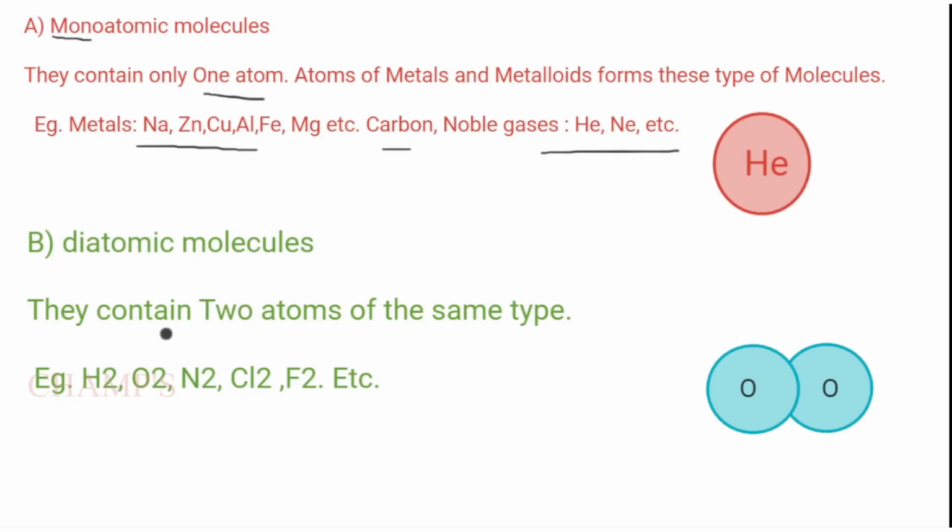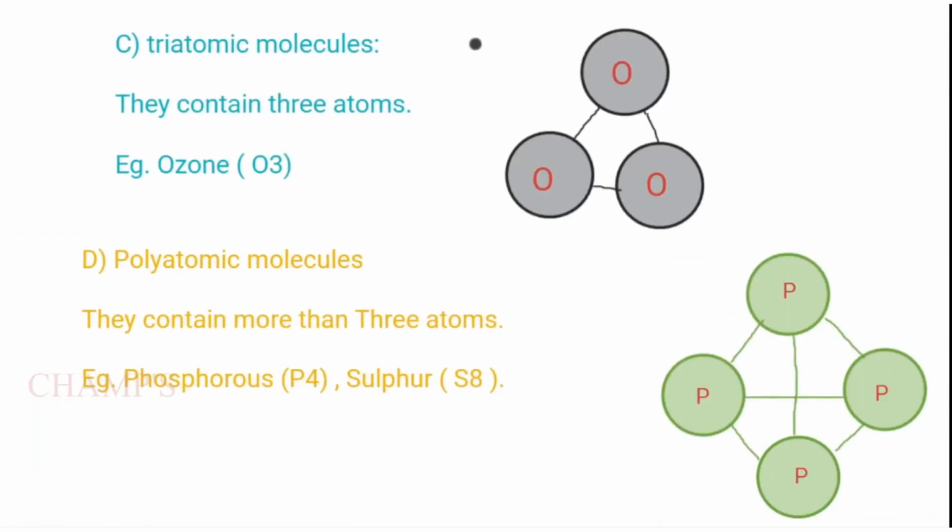Now, what is diatomic? Diatomic are the elements whose atoms form a group of two, like your hydrogen, oxygen, nitrogen, chlorine, fluorine, etc. Most of the non-metals. Now, what are triatomic molecules? These are the ones whose atoms form a group of three.